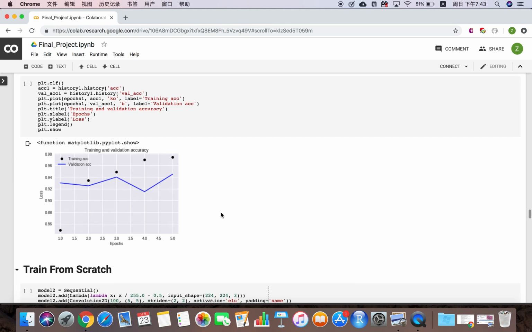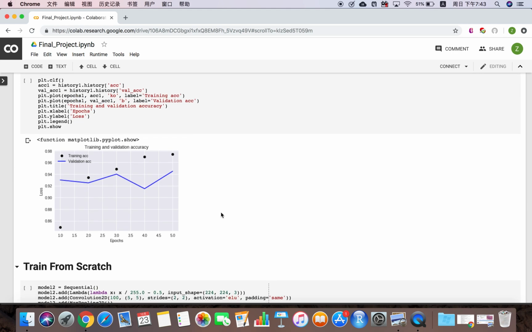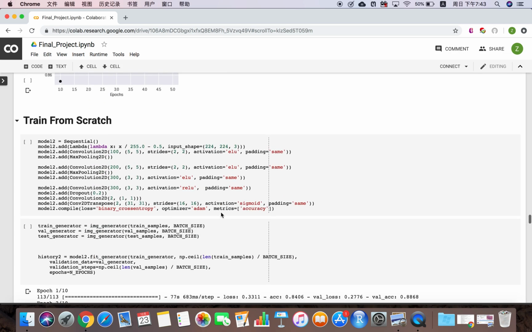So I consider training from scratch, just making some adjustments from VGG16. Because VGG16 is trained on a very large dataset, and my dataset is only 5,000 training samples, I consider simplifying VGG16 to solve the problem of overfitting.